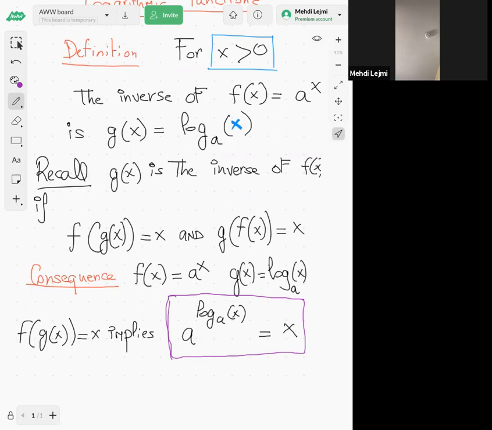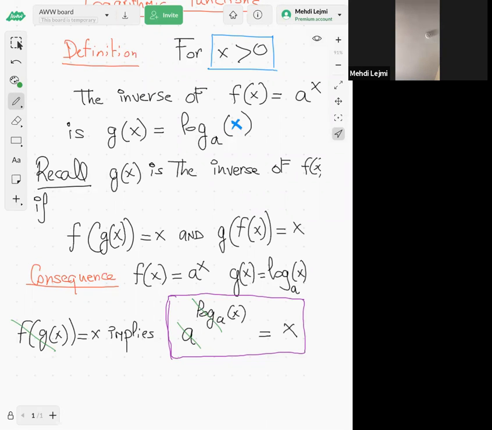And that makes sense because the log is supposed to be the inverse of the exponential. So in some sense, the exponential and the log cancel out, like f and g cancel out, and you end up with just x. That's our first identity, right?